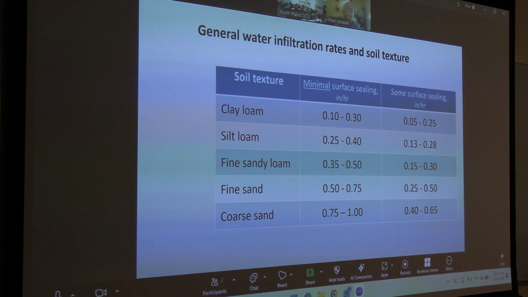But if we start having some surface sealing for whatever reason, a little compaction, raindrop impact or droplet impact, which will break up some of those aggregates, break up those granules and start it sealing off, we can drop that infiltration rate pretty dramatically. So good management, overall management, is going to have an effect on water infiltration rates.